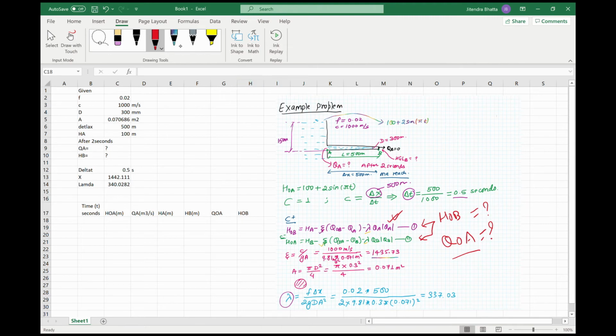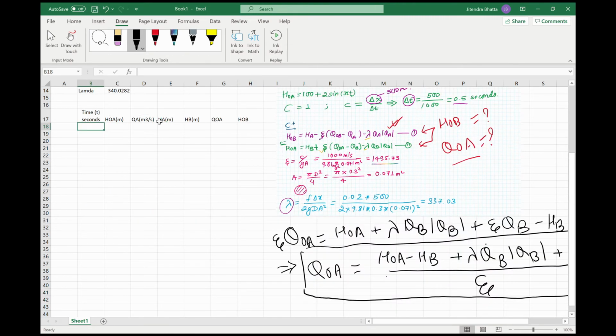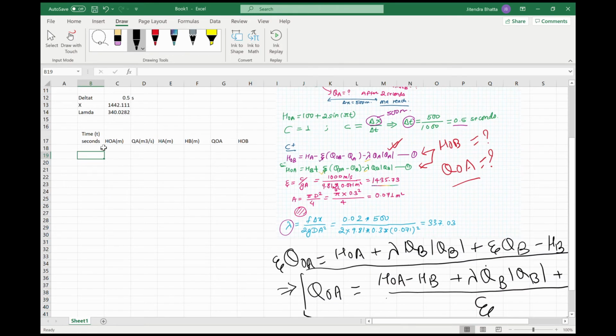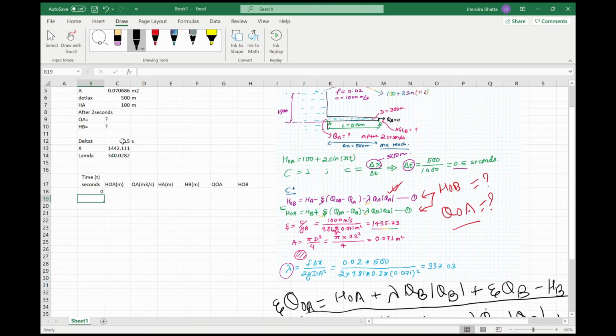So here T equals 0, and our delta T is 0.5, so we have to add 0.5 for our next step. We keep adding that till we reach 2 seconds. So this is our required time, 2 seconds.